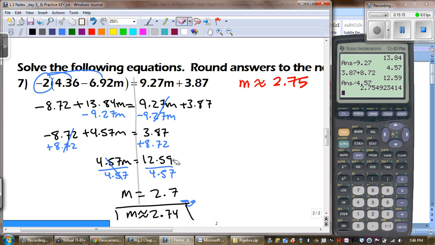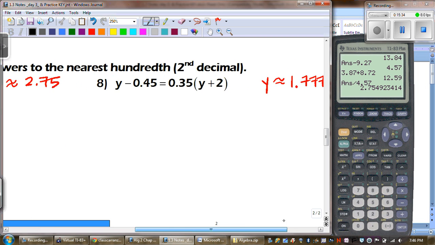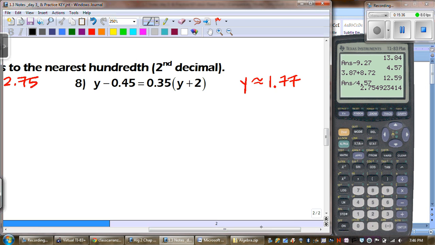Okay, so we get 2.754, and there we go. When we round the 4, the 5 stays. Okay, but guys, see how easy it is to make a mistake? Mr. Grice just made one. Okay, so that's why you got to be very, very careful.